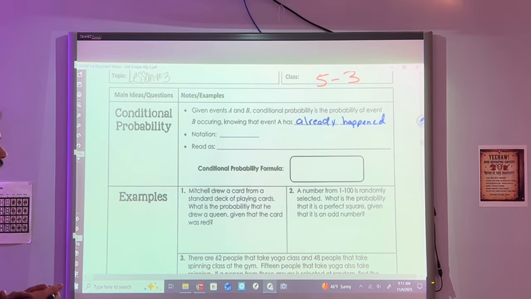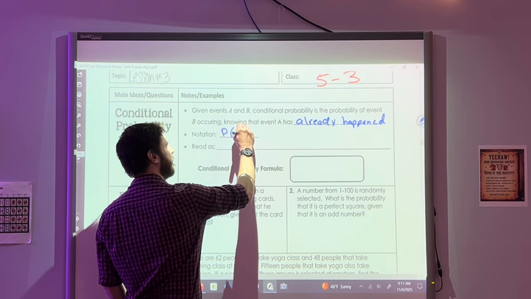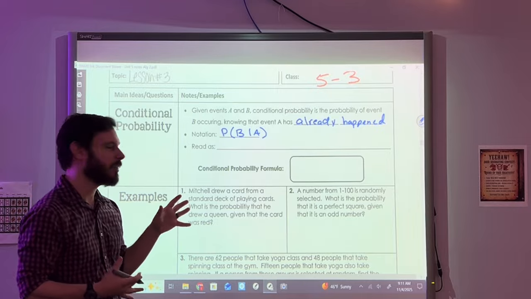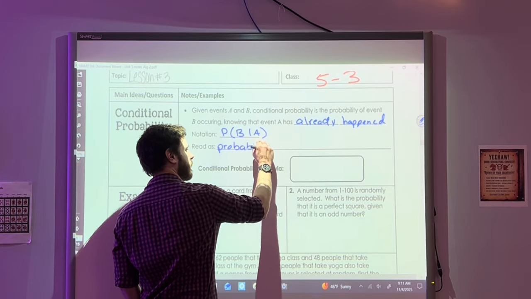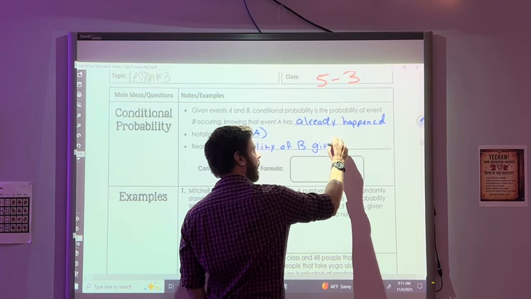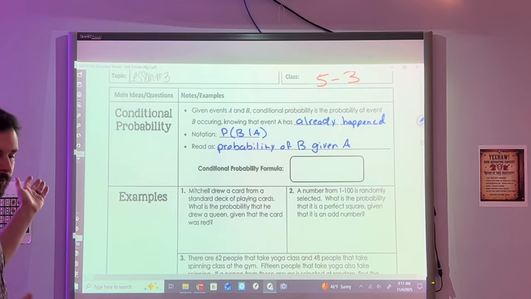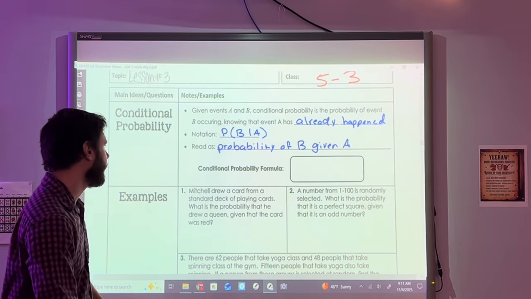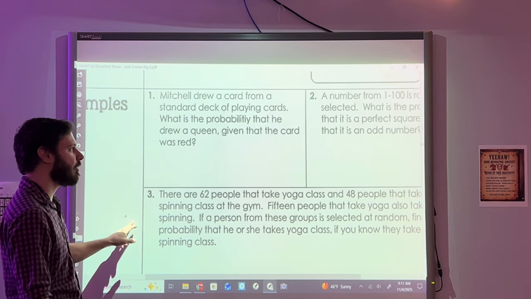We won't really use it very much, but it reads as the probability of B given A. That straight line means given. And we have a formula. I won't even write it because we're never going to use it. We don't need to use the formula, just like we didn't need it before. We're just going to think about these problems and figure them out.